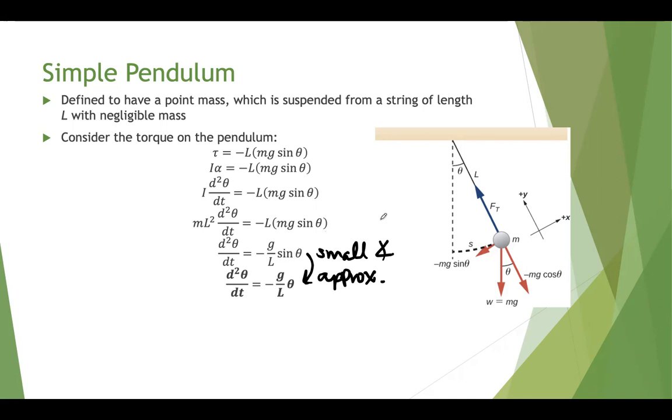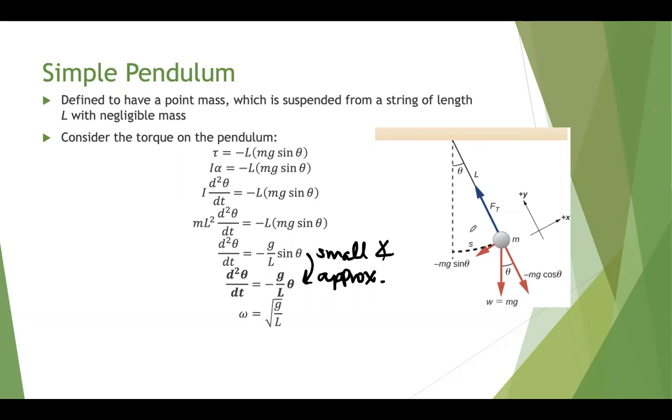If the angle is small enough, which it is for the simple pendulum, we can just say that sine theta is approximately equal to theta. It might say in the book what that angle is, I don't remember exactly, but I think it's something below 10 or 15 degrees, but double check me on that.